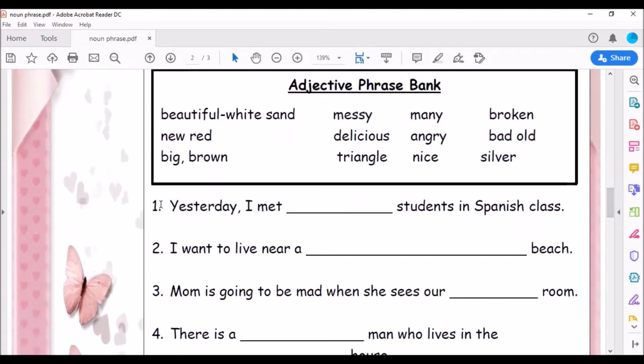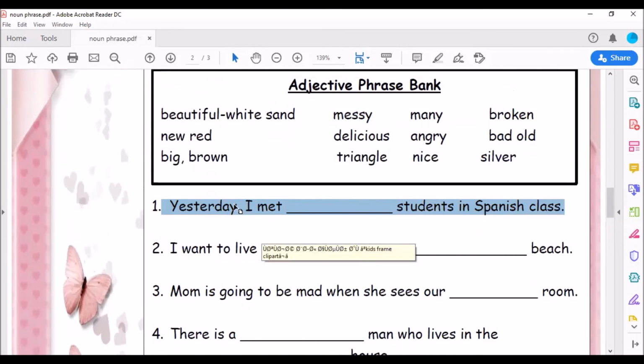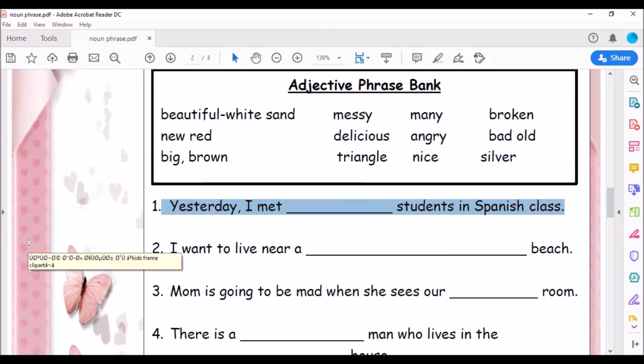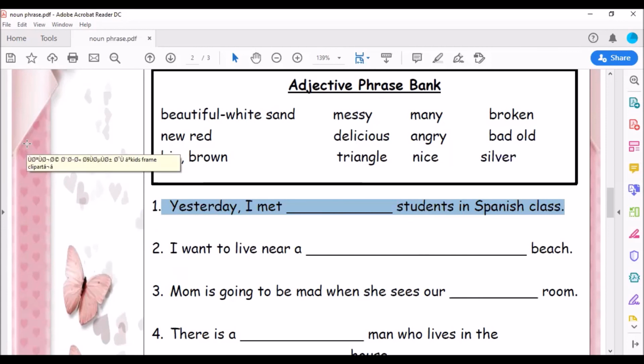Yesterday, I met students in Spanish class. So, can I say I met big brown students in Spanish class? Can I say I met silver students in Spanish class? Can I say I met delicious students in Spanish class? I'm gonna give you 1 minute to think about it.